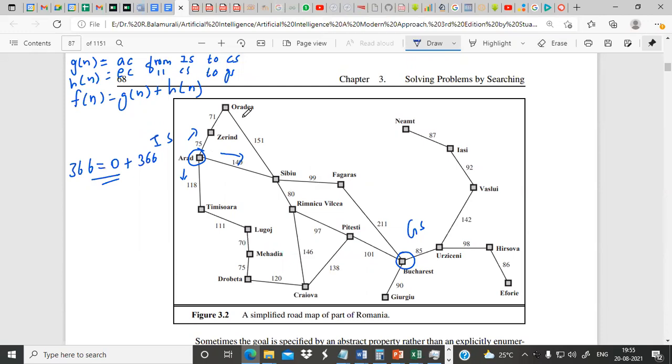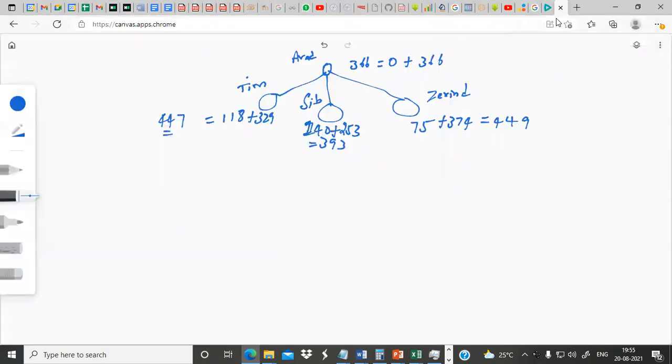You can go to Fagares at the cost of 99. Again, you can go back to Arad, but that also we should include, at the cost of 140. And you can go to Varadia at the cost of 151. Right? 80, 99, 140, and 151. So that is the path we are going to explore next.